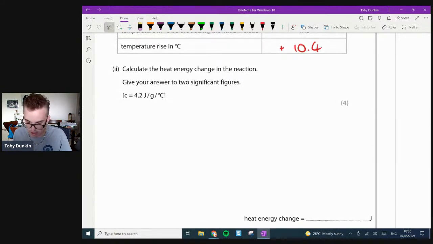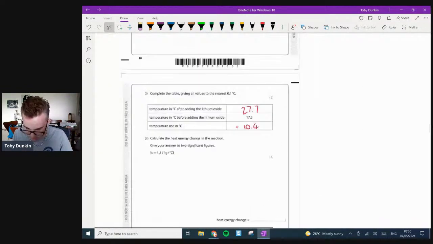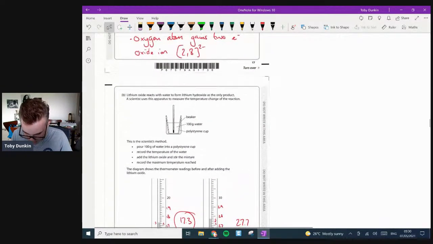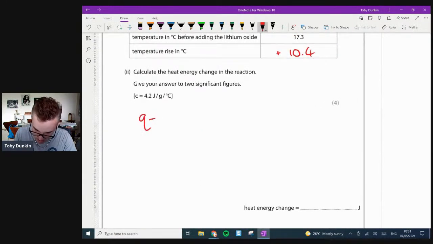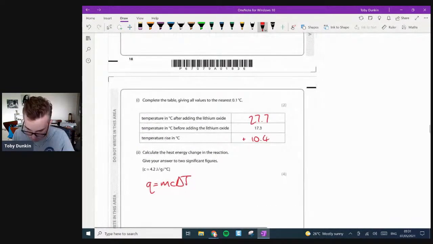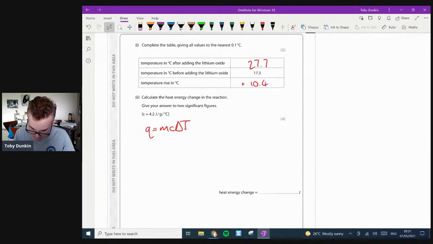Calculate the heat energy change in the reaction. That's interesting because they haven't given us the equation for once. They always give us the equation, and they haven't. First time ever. Wow. Q equals mc delta T. So what was the mass of the water? We know that this is all about water.